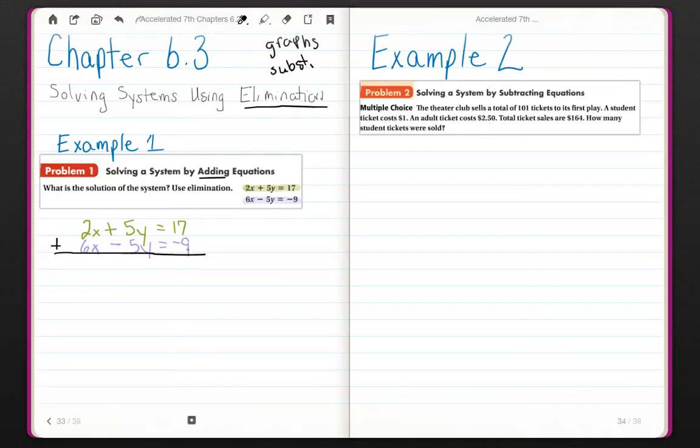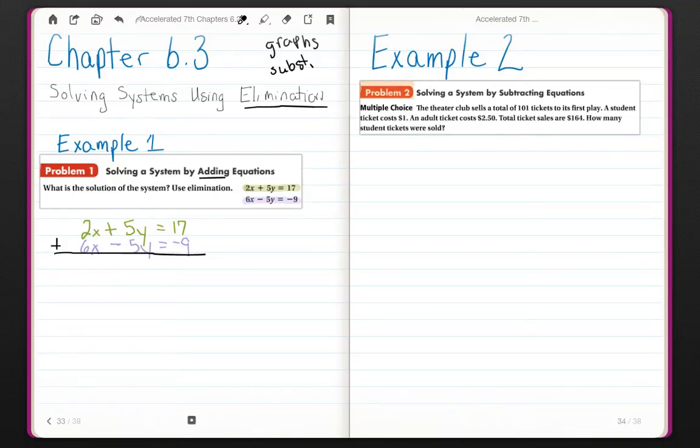And the reason I'm going to add these together is because I see right here that plus 5y minus 5y equals 0. If I add 5 and I take that same 5 away, I have nothing left. So I'm going to eliminate y by adding.